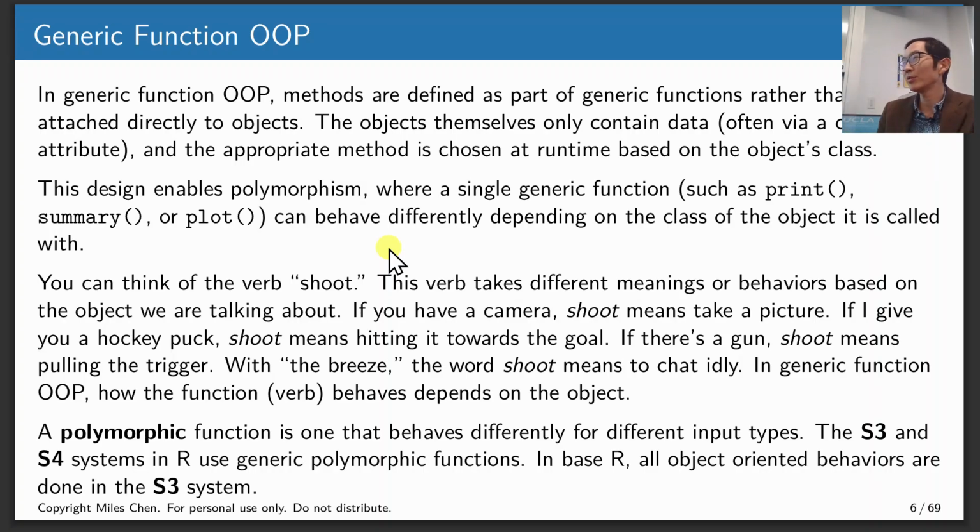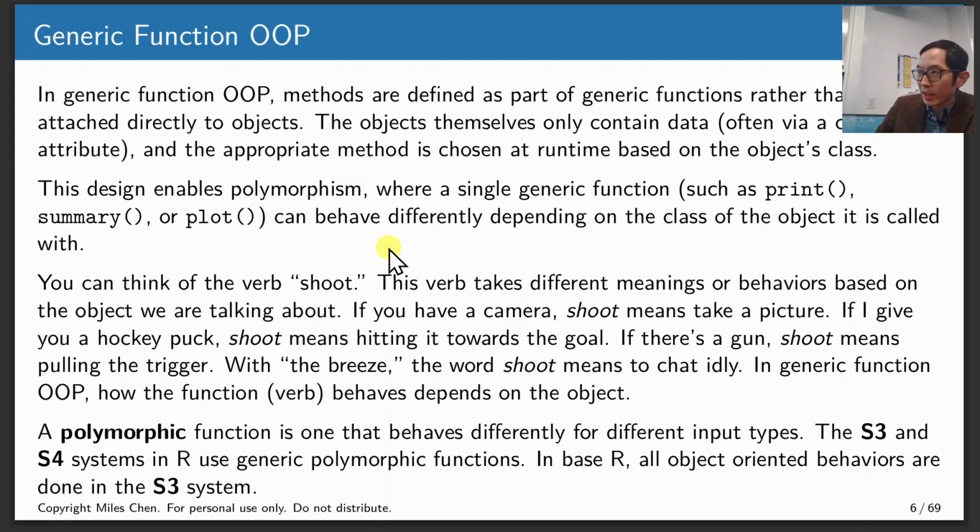But if I give you a hockey puck and I say shoot it, then you would set it on the ground and then take a stick and hit it. If I hand you a gun and I say shoot it, you would aim at a target and pull the trigger. So the behavior of that same verb, shoot, will be different depending on the object I hand you, okay?